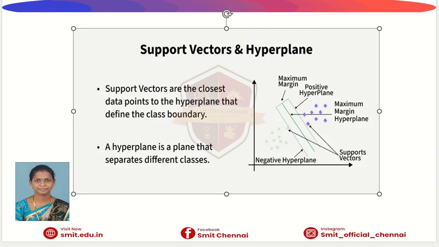How does the machine decide where to put the line? It's an optimization problem. In this visual, you see many possible lines. SVM calculates the distance from the nearest point of each class to the line, and then selects the one where this distance, the margin, is the largest.